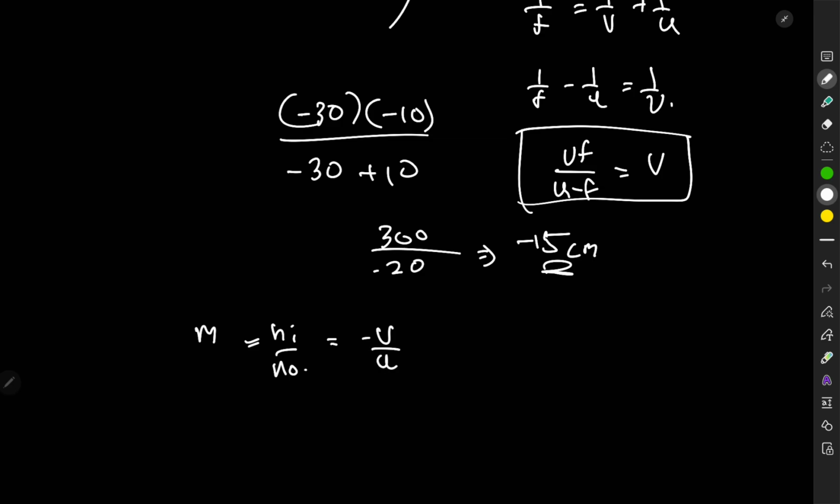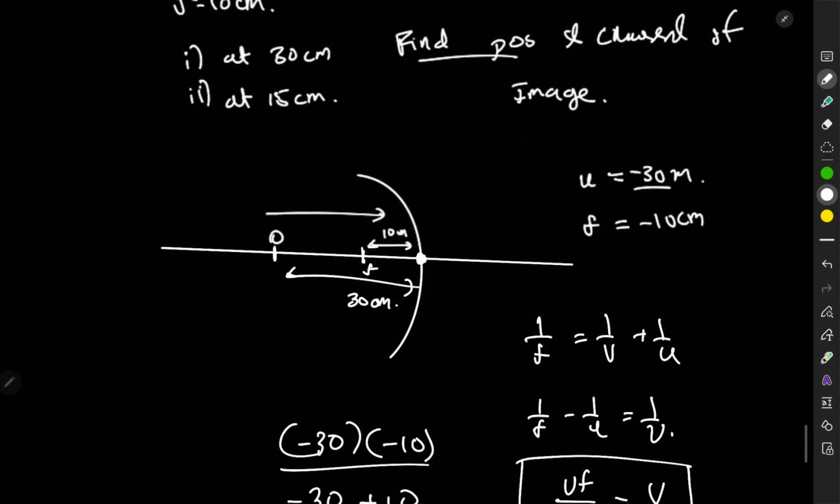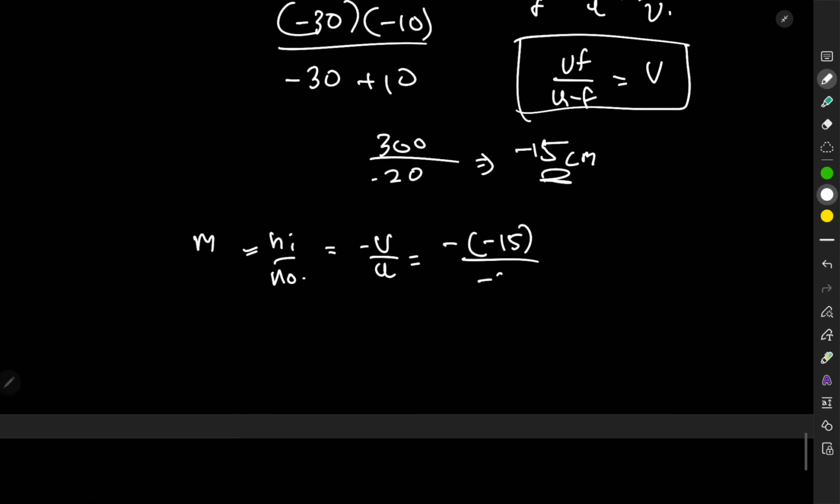See, we need to take the sign conventions, that's why minus v by u came. Minus 15 by what is u? 30, minus 30. Minus 1 by 2, minus 1 by 2 is the answer.